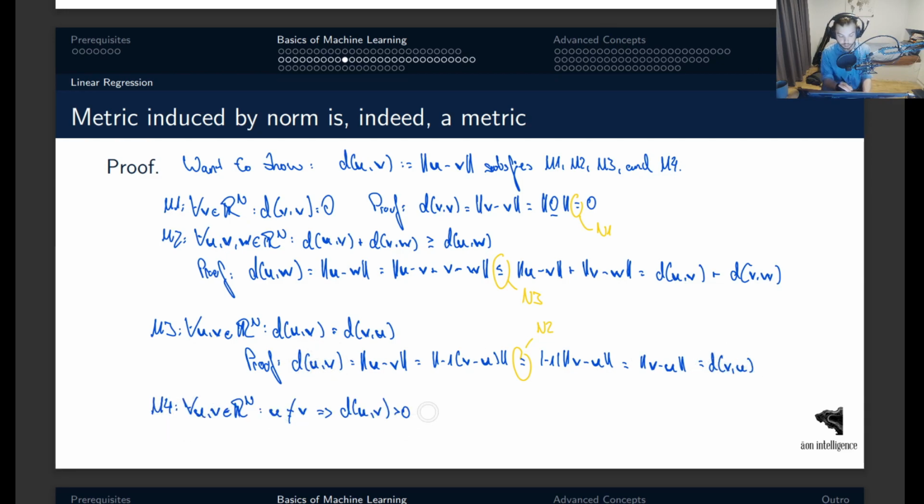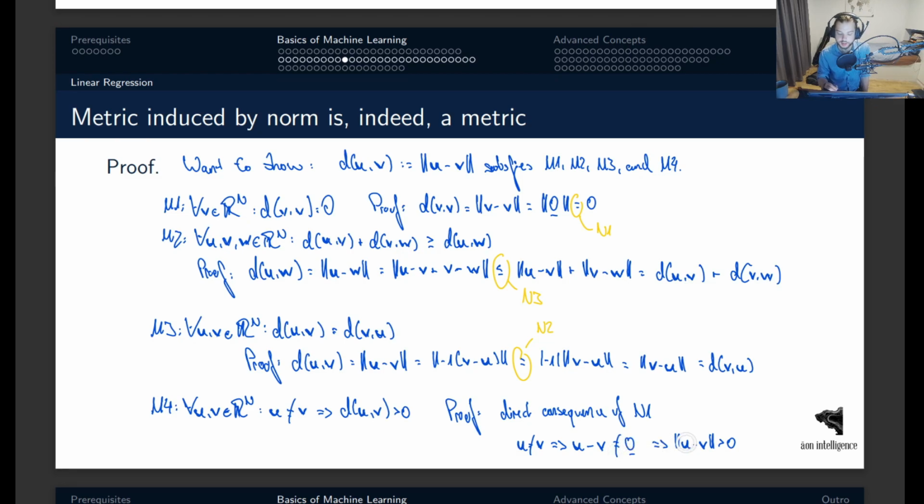And finally, we want to show positivity. This means that if we have two vectors u and v and they are not equal, then the distance between them should be strictly positive. And you can see that this is a direct consequence of N1, the first property of vector norms. If u and v are not equal, then this implies that the difference, u minus v, is not the zero vector in our vector space.